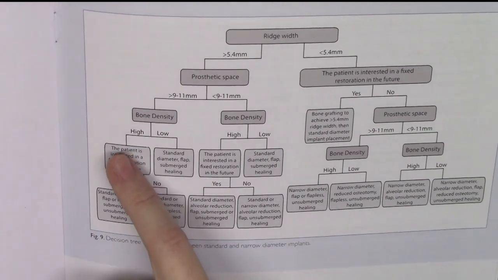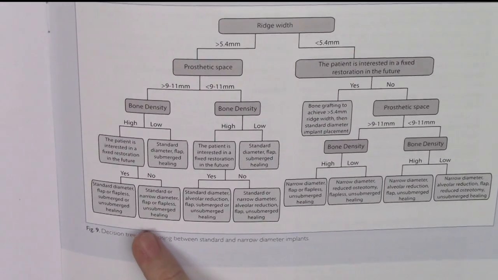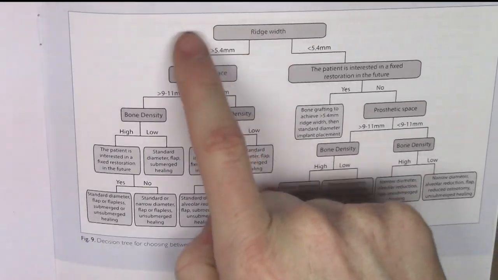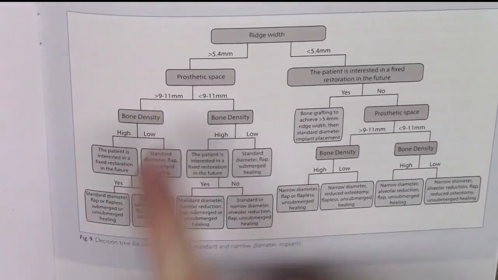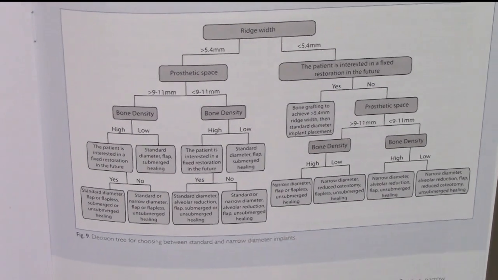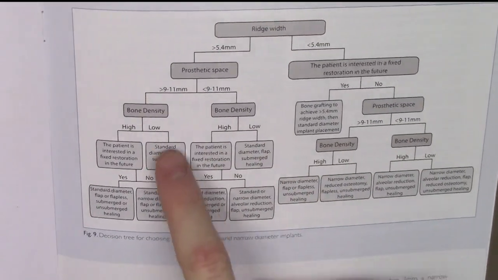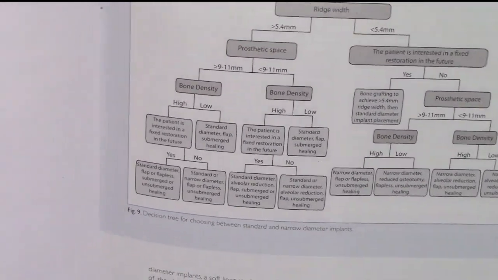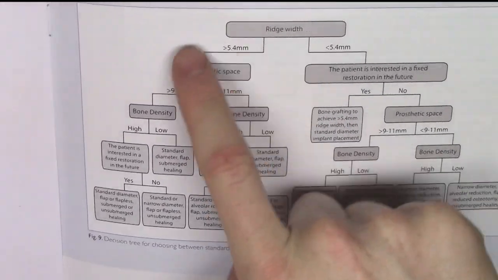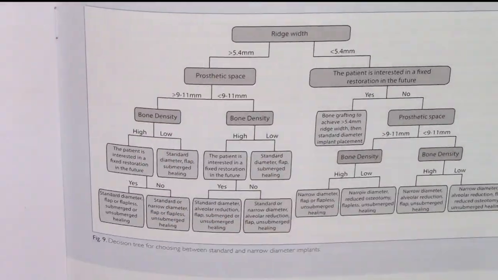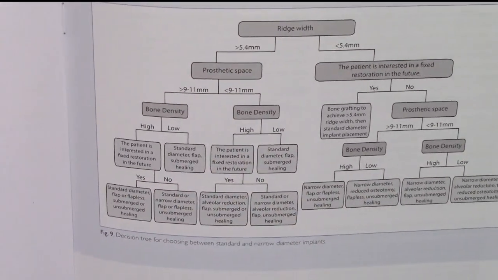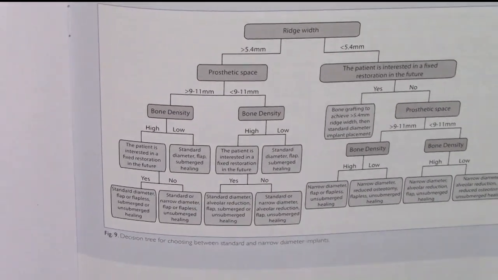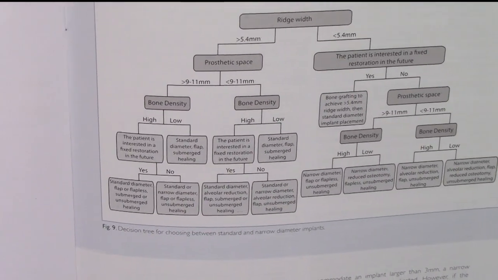However, if the patient is not interested in a fixed restoration in the future, we can do either standard or narrow diameter implant because we have sufficient bone width and sufficient prosthetic space. And many times when we have low bone density, we typically recommend standard diameter implants because we know we have sufficient bone diameter and prosthetic space. However, because of its unsubmerged healing, narrow diameter implants with low density bone don't always perform the best.